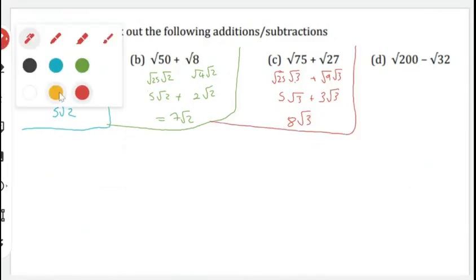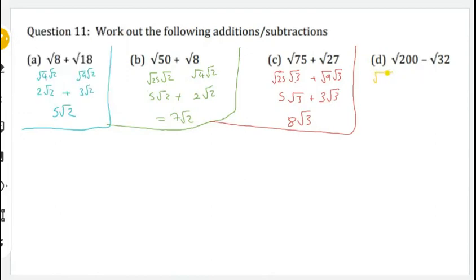The next one, I got 6 root 2. Okay, so the square root of 200 is the square root of 100 square root of 2. Square root of 16, sorry, square root of 32 is the square root of 16 square root of 2, which is 10 root 2 minus 4 root 2, which is 6 root 2. Nice.